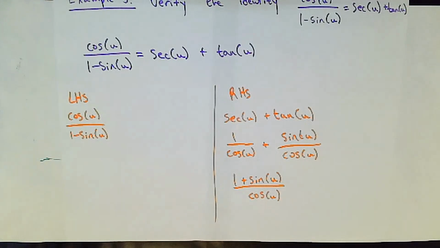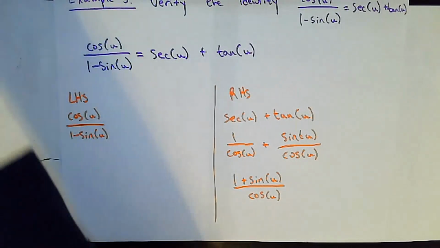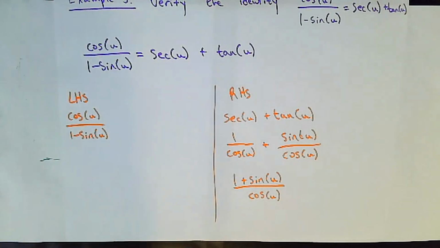Okay, what we have to do here is get creative, and introduce this factor. You may recall from 112, when you were rationalizing denominators with something like 1 minus square root of 2 in a denominator, you multiply by its conjugate. That may ring a bell.